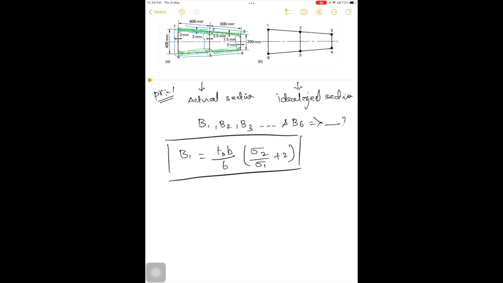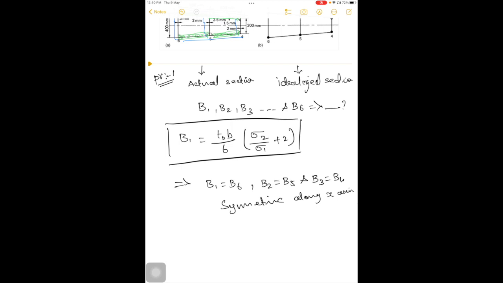According to the figure, this section is symmetric about the x-axis. So we have B1 equal to B6, B2 equal to B5, and B3 equal to B4, because of symmetry along the x-axis. We know the values of t and b.